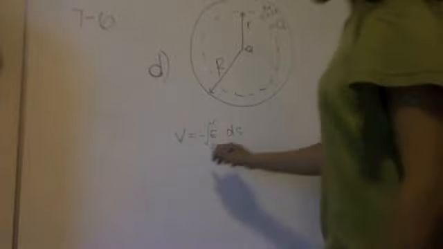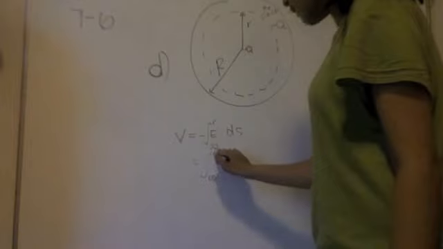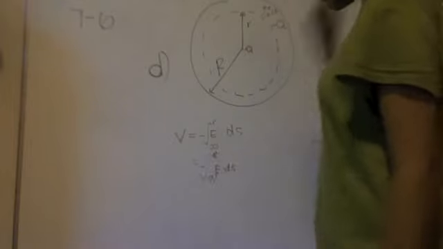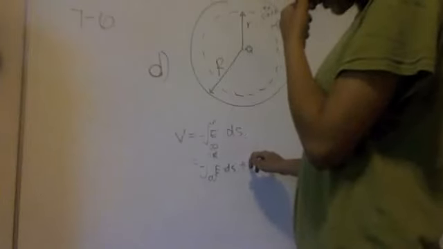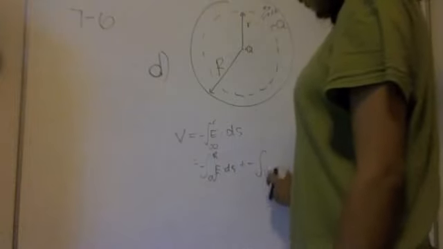You're going to take the integral of infinity to big R of E dot ds, and then add another negative integral from big R to little r.